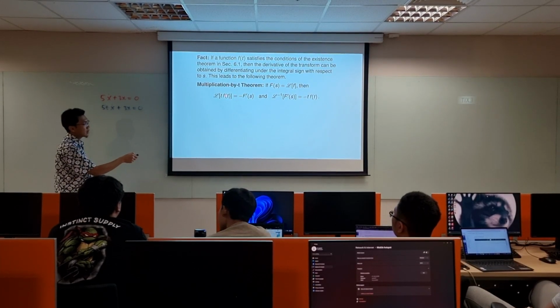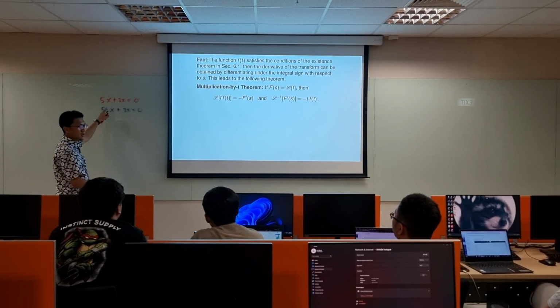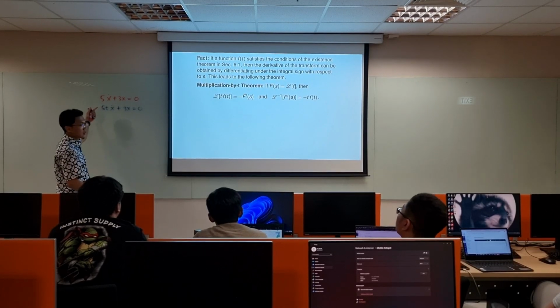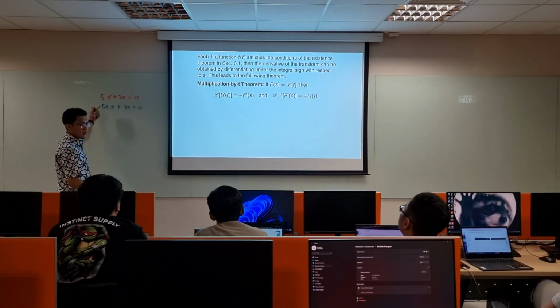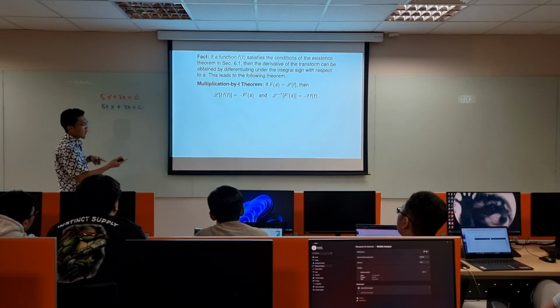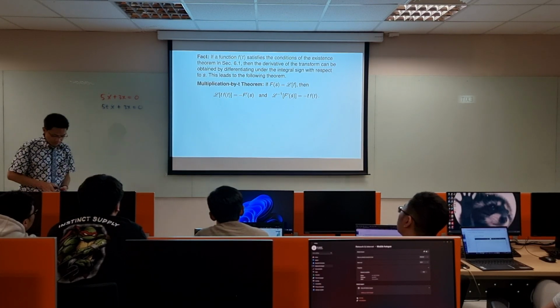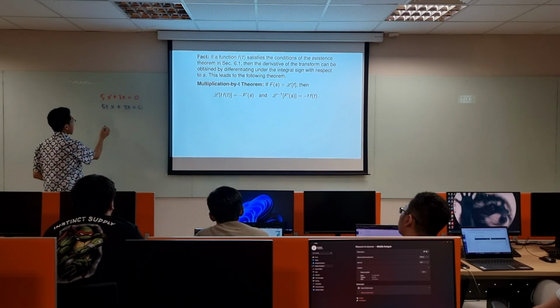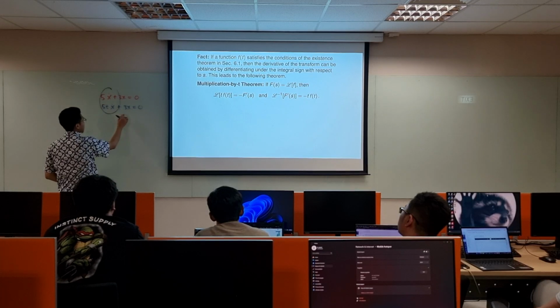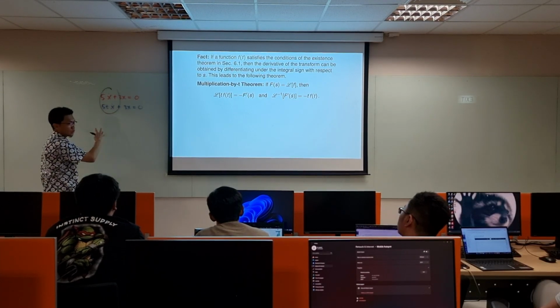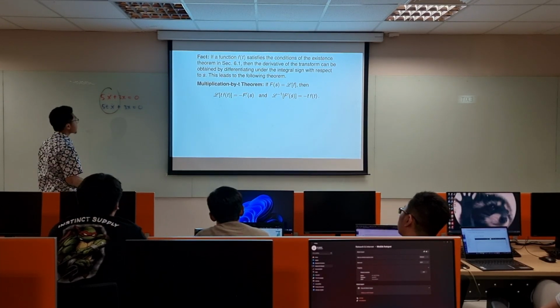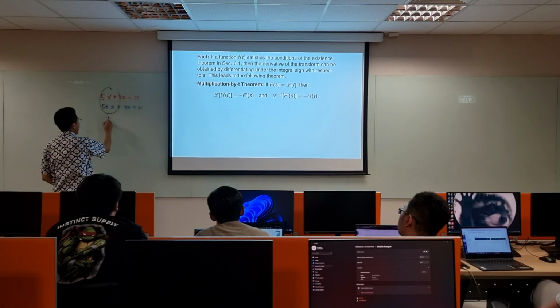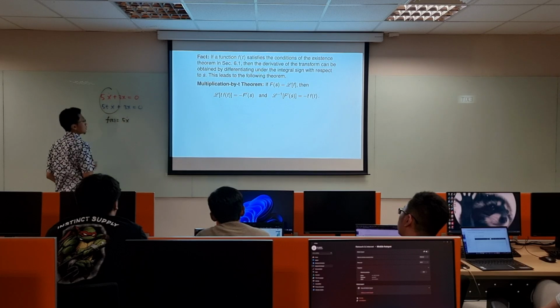If we compare this function with this function, which one is f(t)? 5x dot is our f(t). To be easy, you can consider this part first, not the two terms combined together. So the f(t) in this case is 5x dot.